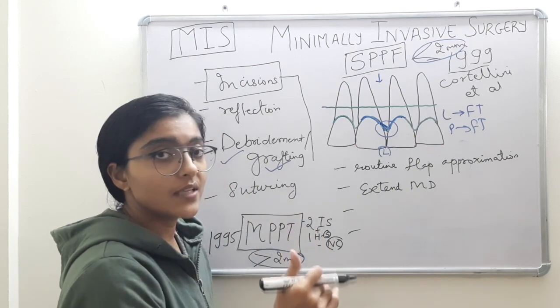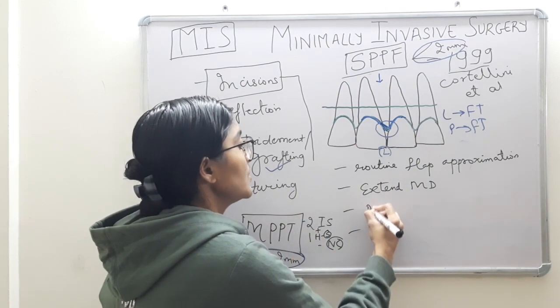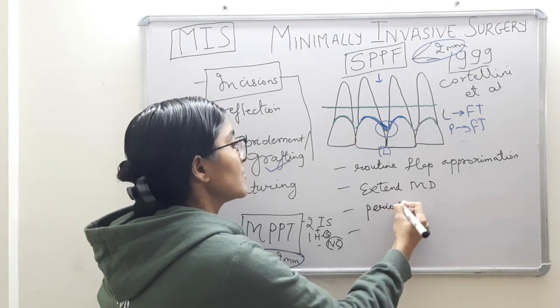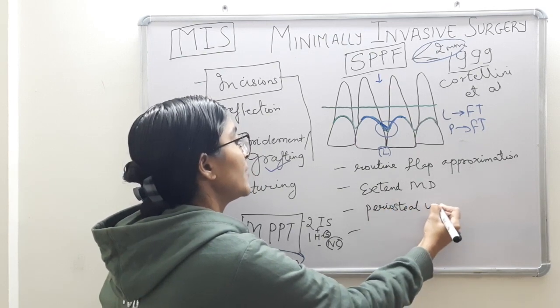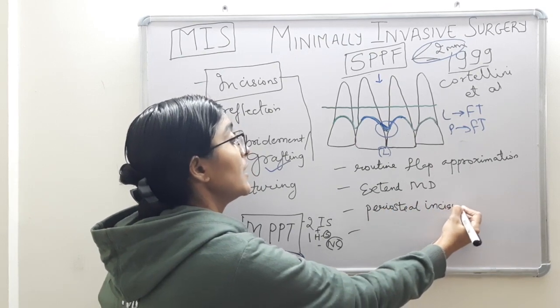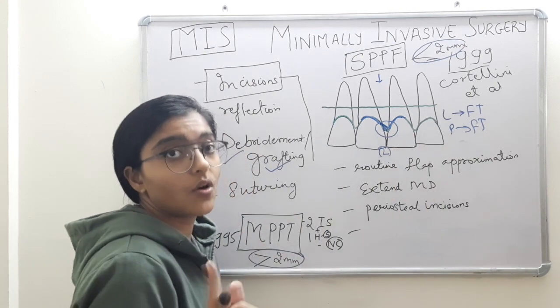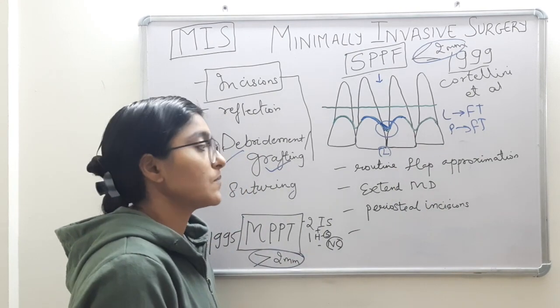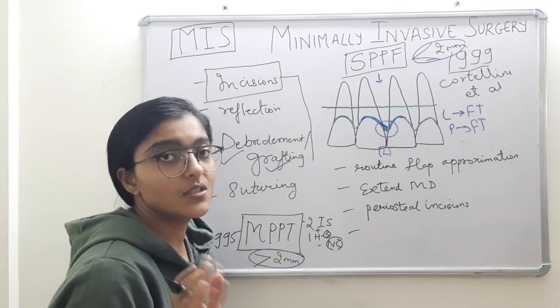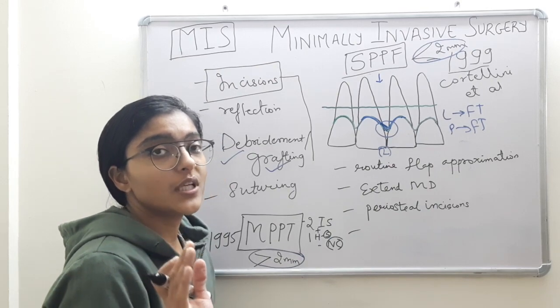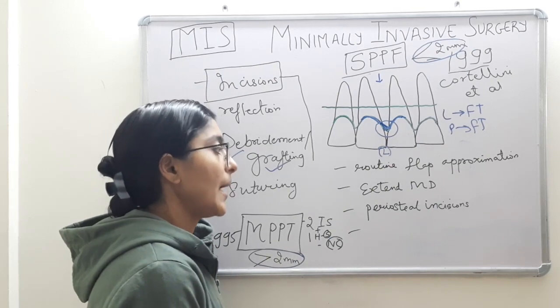But then if tension exists, the next approach is periosteal incisions. Careful periosteal incisions, ensuring the blood supply is not interrupted. Very important aspect while giving periosteal incisions. The blood supply shouldn't be interrupted or hampered.